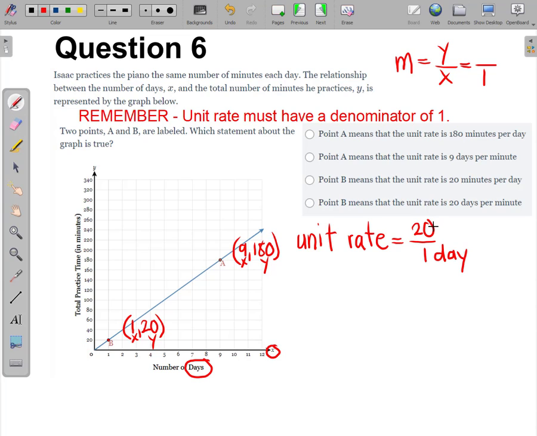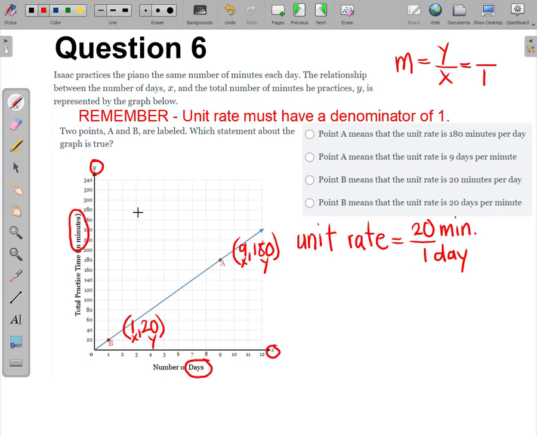And this is what was missing from a lot of people's homework. Next, my y value over here, the units I'm talking about is minutes. So my unit rate is 20, and I'm just going to abbreviate minute. 20 minutes in 1 day. So this is the very first thing that you have to do. Write the fraction. The unit rate fraction is 20 minutes over 1 day.